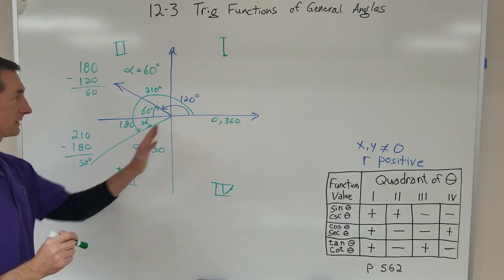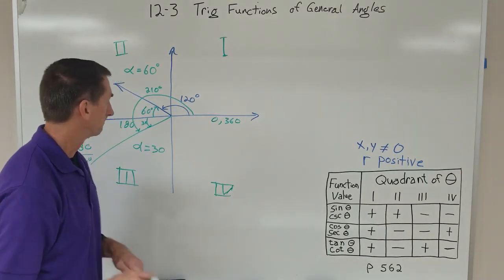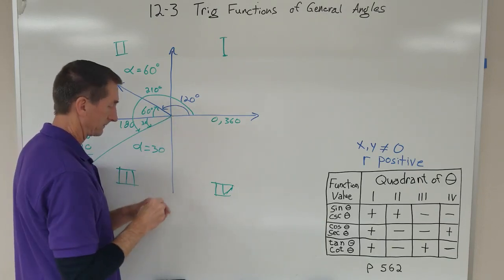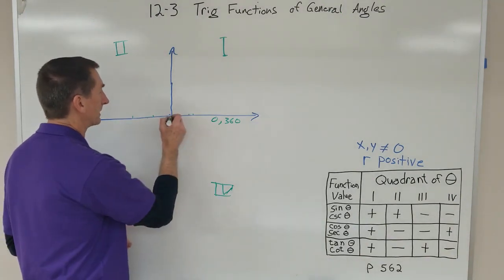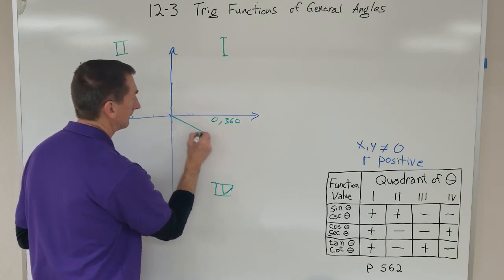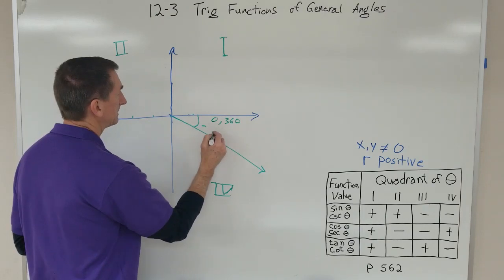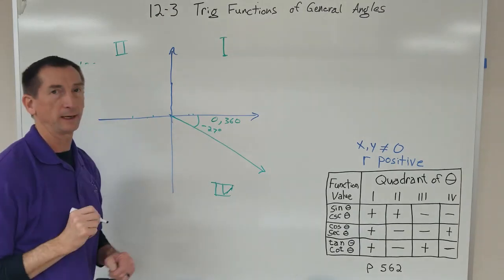Okay, so reference angles. Let's look at some over here on this side. Suppose I had, well, let's clean this up a little bit first. Suppose I had, let's call this a negative 27 degree angle.